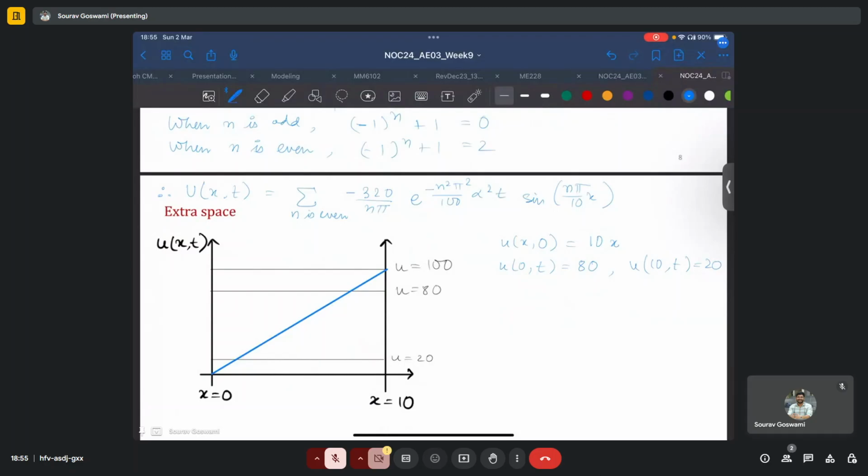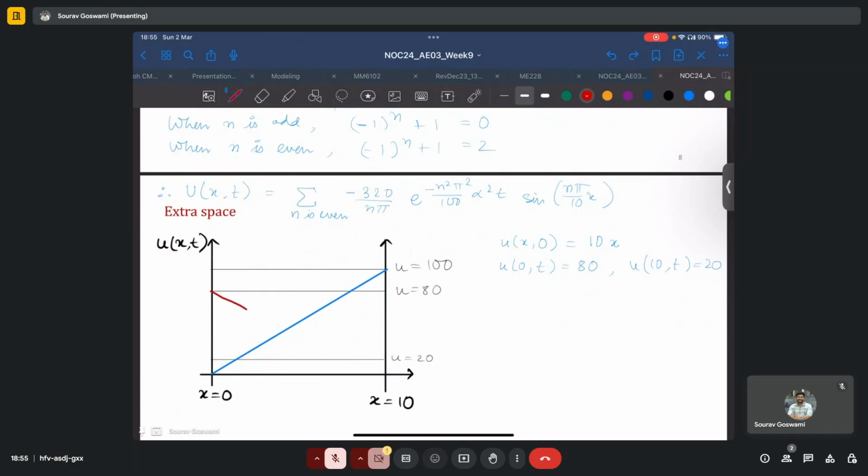And so eventually, after a very long time has passed, the system has reached a steady state. The temperature at the left hand should also be 80, and the temperature at the right hand should also be 20. We can also sketch that. Since there is no transience, there's a balance of flux coming in and going out.